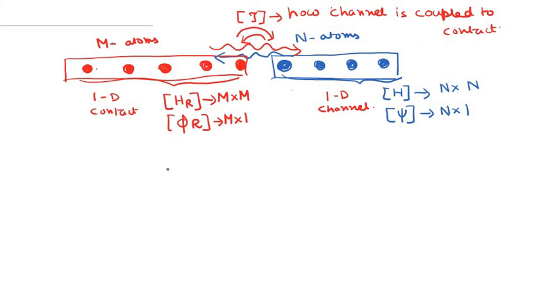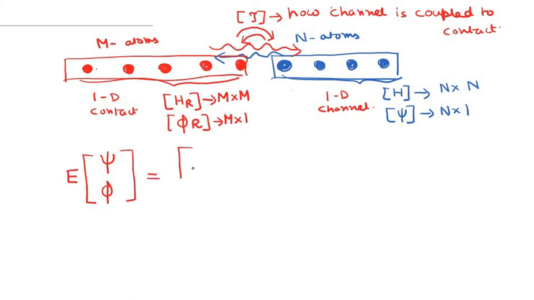So we write the equations here. Let us say that E is the eigenenergy of this entire system. Then we have E times psi and phi. Psi is the wave function inside the channel here, and phi is the wave function inside this contact.